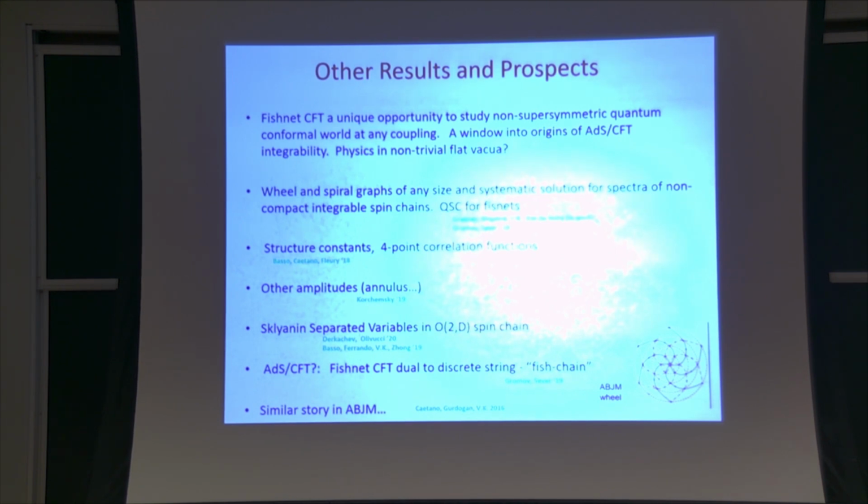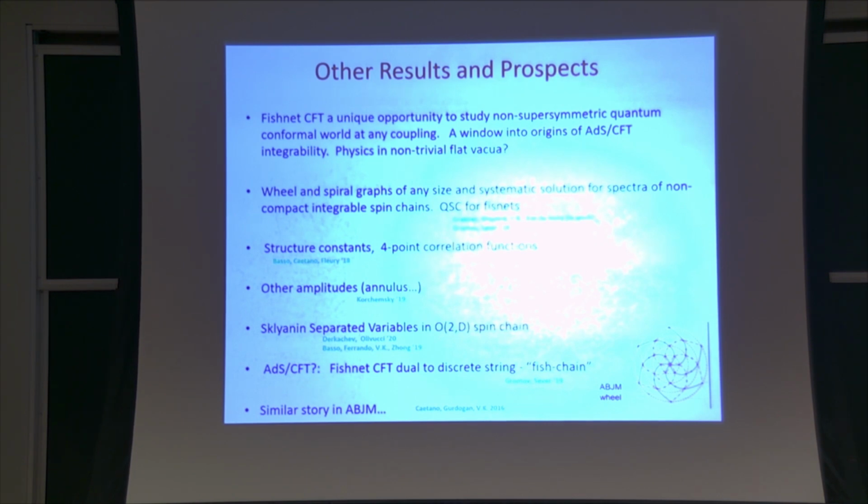But once you have multi-point functions, apart from these simplest ones which I flashed in the last transparencies, it's already a complicated problem. Some progress has been made by Basso, Caetano, and Fleury. They computed some structure constants for fishnet, and it also looks like conformal, by the way, some particular structure constants.